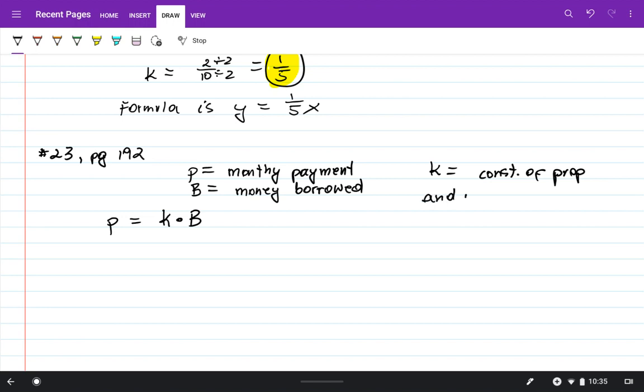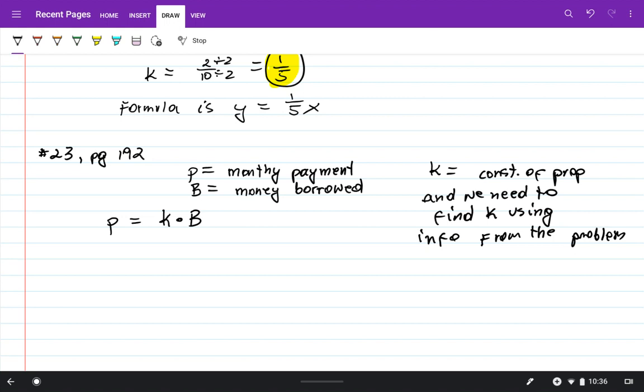And we need to find K using info from the problem. You can only have two variables in direct variation, so we have P and B. K is a constant, and we need to find it.